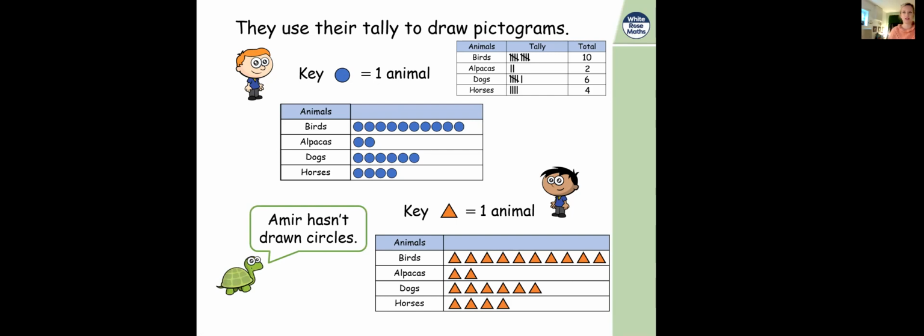Hello, little turtle. Tortoise. Hello, Mr. Tortoise. He's got something to say. Let's read it. Amir hasn't drawn circles. Oh, yes. Can you see Amir here? Amir hasn't done blue circles. His key tells us that he's done an orange triangle.